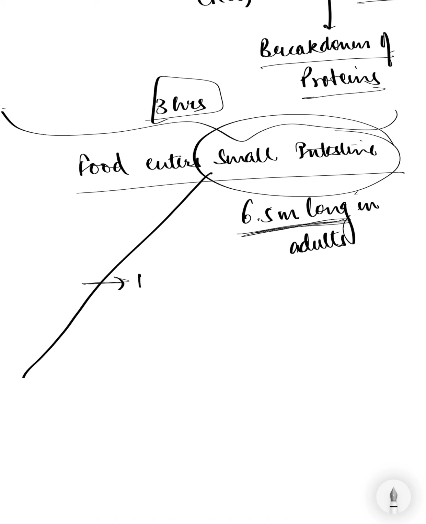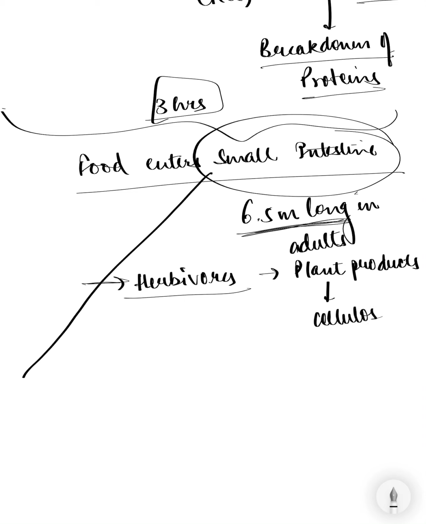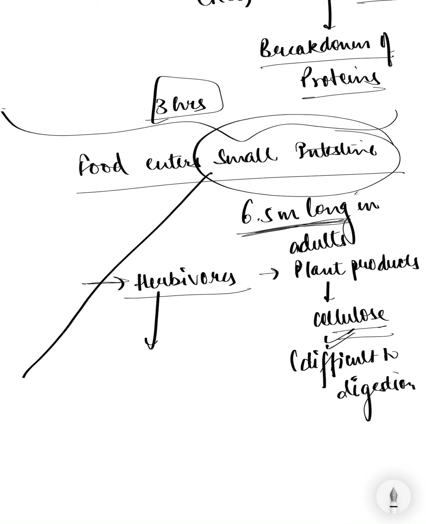If an animal is a herbivore, it will be eating plant products, and plant products have cellulose in them because cellulose makes the cell wall of the plant, and cellulose is very difficult to digest. So that is why herbivores have a longer small intestine.